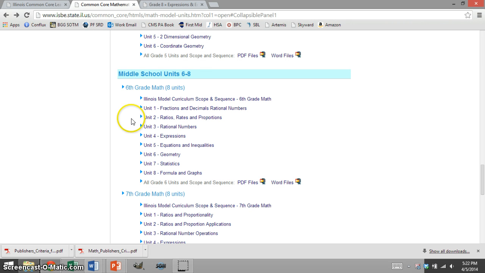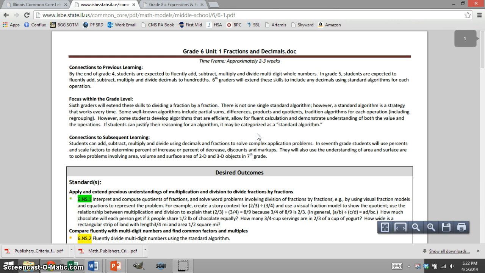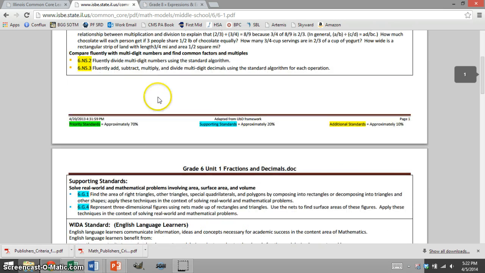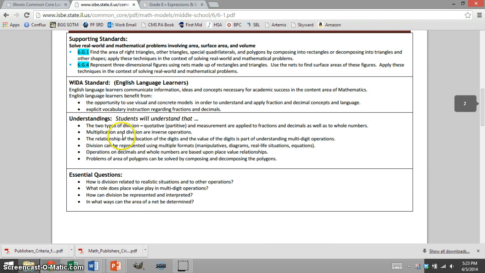Actually, sorry, before we go on to assessments, I want to show you the ISBE curriculum models, the unit maps. Their unit maps are very close to the same, but they've kind of got everything in a narrative format here at the beginning. So here's a grade 6 unit 1. We've got some narrative where it's written out in paragraphs. The desired outcomes are the standards here. We've got understandings, which is again part of the kind of student learning targets.